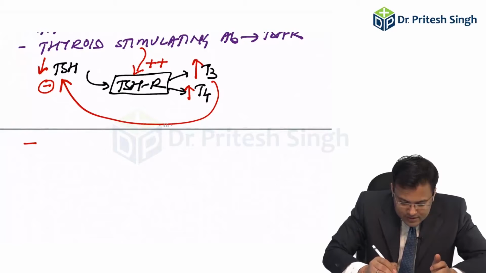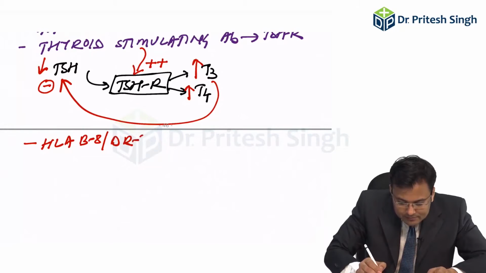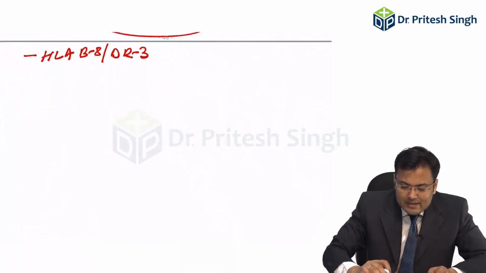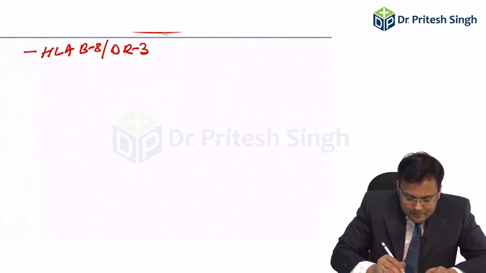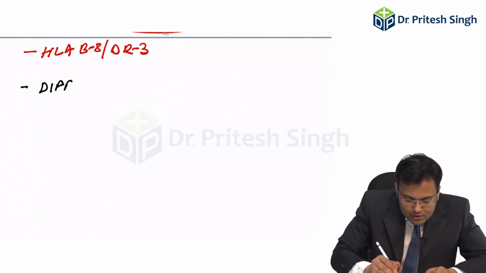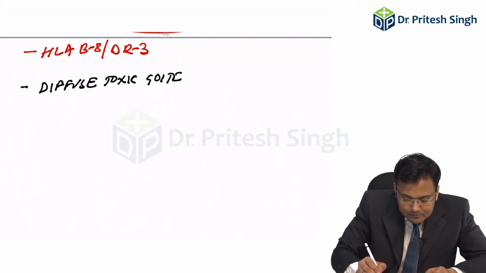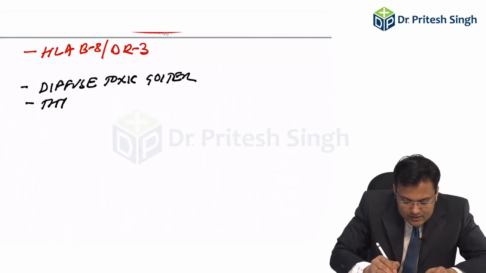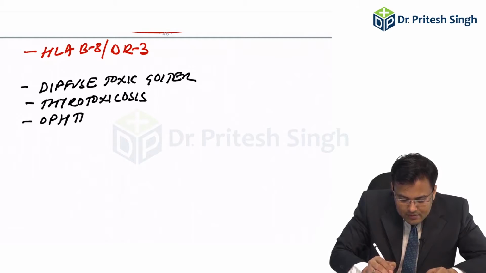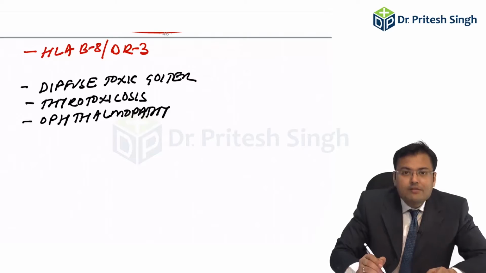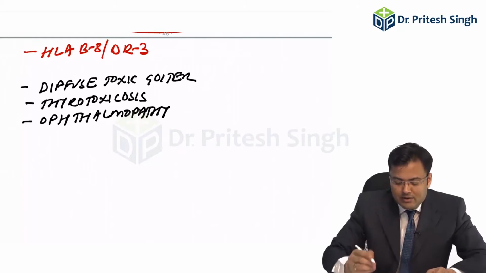It is associated with HLA B8 and DR3. It is characterized by diffuse toxic goiter, thyrotoxicosis, ophthalmopathy. Ophthalmopathy means exophthalmos.